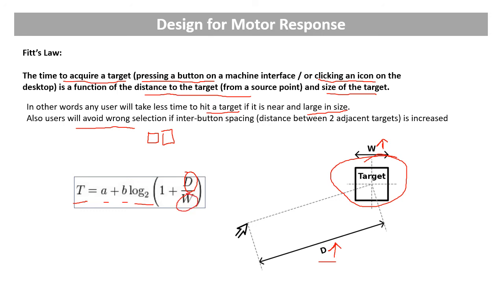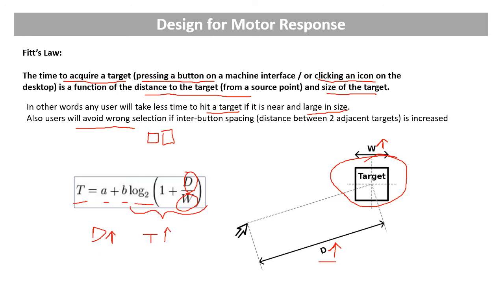And as you can see here, log to the base 2 of 1 plus d by w is also called ID, or index of difficulty. And if d increases, that is the distance increases, this whole function will increase and t will increase. So if d increases, t, which is the time taken, will also increase.